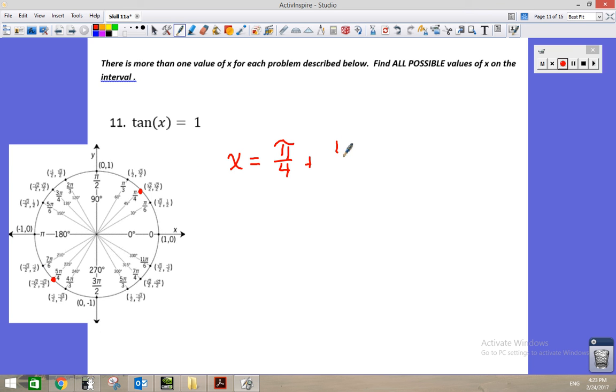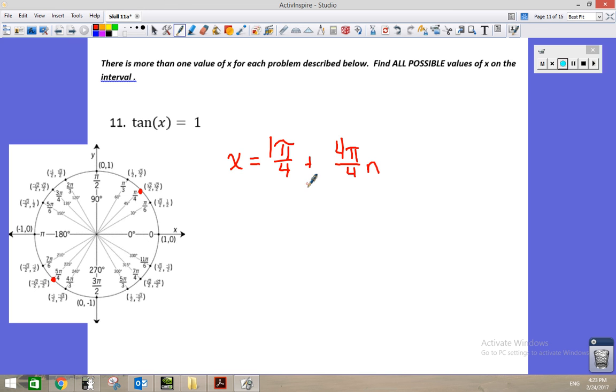So I can add pi to this, and I'll write pi as 4 pi over 4. So if n equals 0, I've covered this one. If n is equal to 1, look at this: 1 pi plus 4 pi is 5 pi. So this one equation contains these 2 solutions and all the angles that are coterminal to those. So here's infinitely many solutions to this equation.